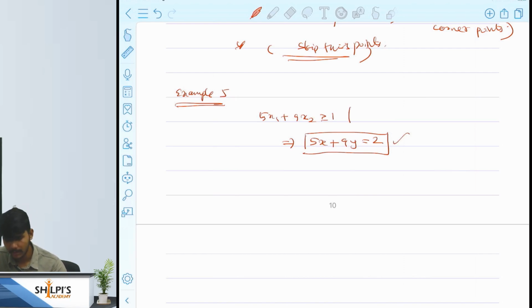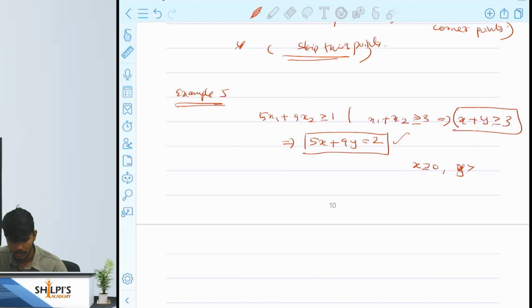Similarly, I can rewrite x1 plus x2 greater than or equal to 3 as x plus y greater than or equal to 3. Similarly, x1 greater than or equal to 0 becomes x greater than or equal to 0, and x2 greater than or equal to 0 becomes y greater than or equal to 0. For our convenience, we have reconstructed the given problem.